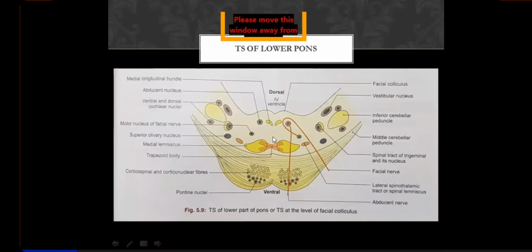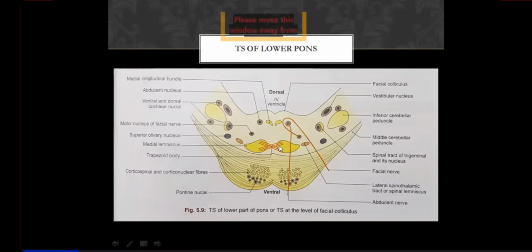So medial most you find here is this median longitudinal bundle. Just lateral to that, in the deeper portion of the pons, you find the abducent nerve nucleus, and even lateral to that will be the facial nerve nucleus, because its functional column is a different functional column, right? And here you have medial lemniscus.